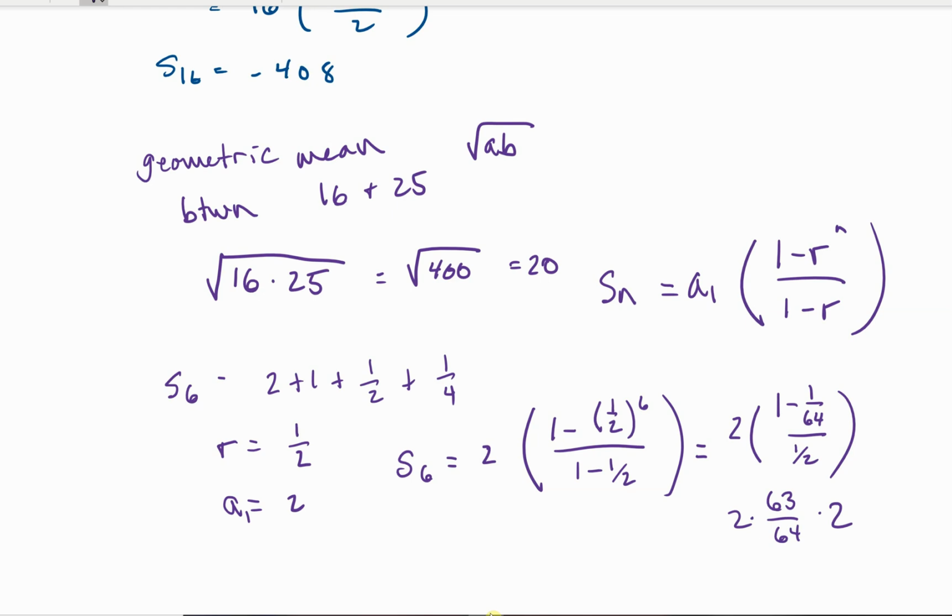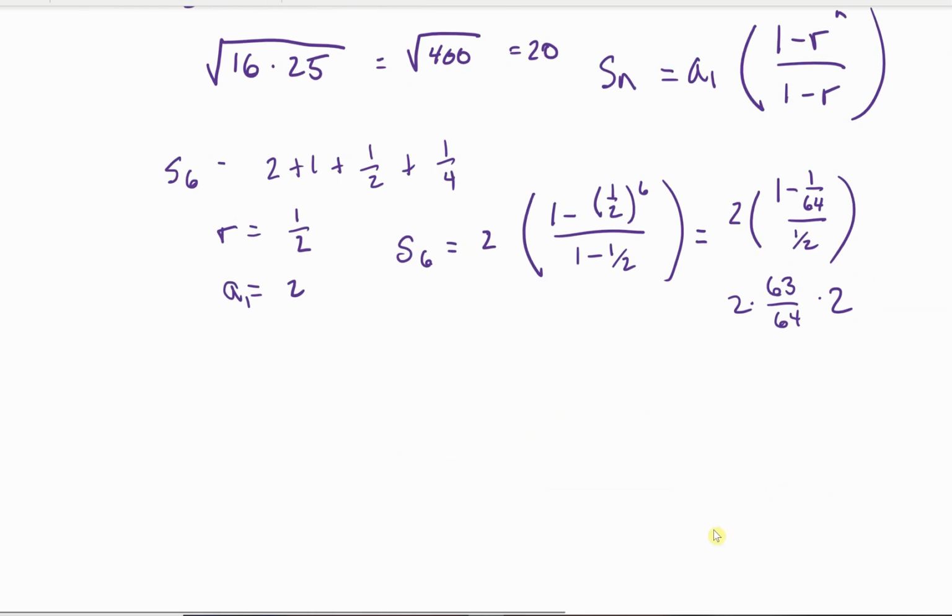So I'm going to do 4 times 63/64ths. And you could type that into your calculator, because 2 times 2 is 4.